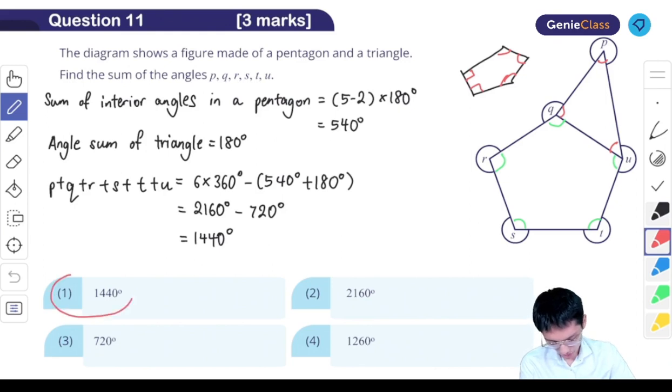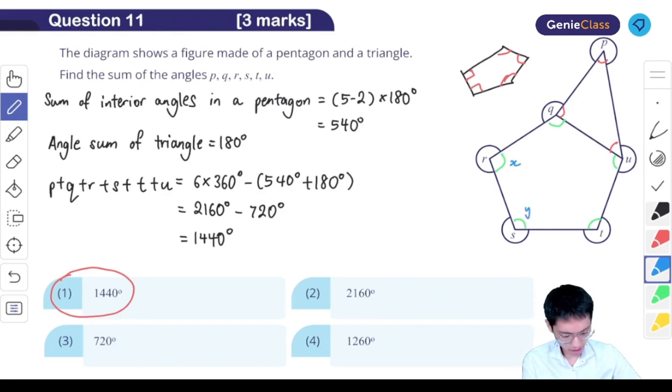So that is the story learned. Then you may wonder, teacher, how do you get to all these steps? There are other methods to do so. Some of you actually do, say maybe if you want to find my angles over here, some algebra. Let's say this angle is x. So r minus x, then you have s minus y, t plus z, something like that.